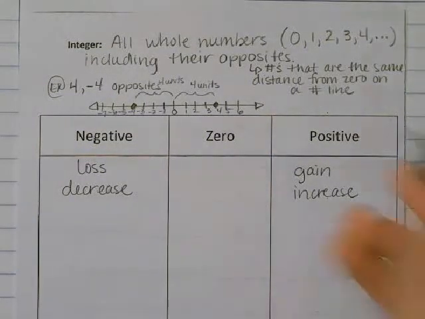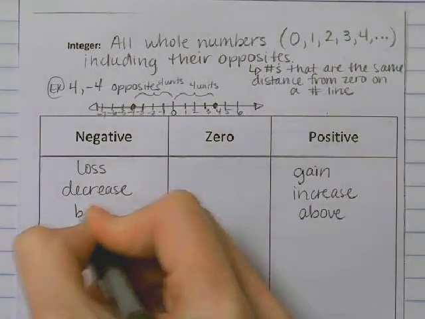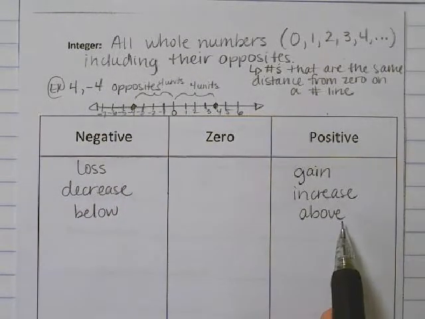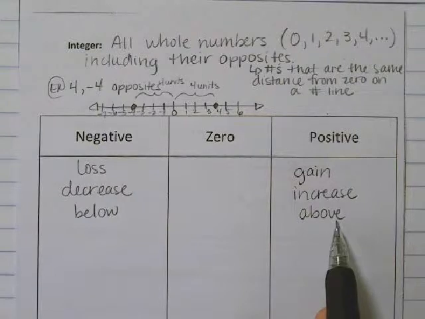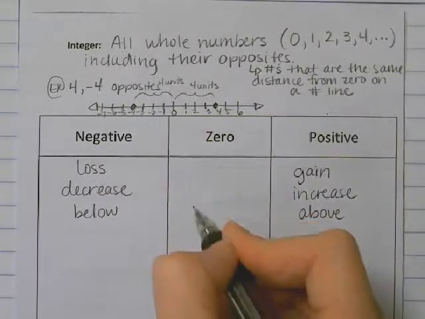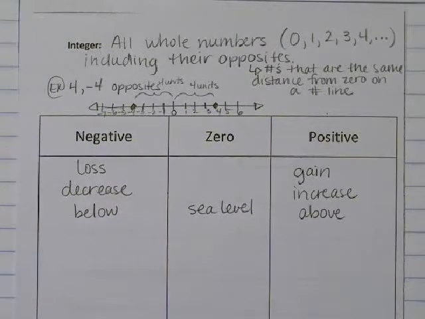You might hear the terms above and below, where you might hear the term above sea level, below sea level. So right there, that tells us sea level would be our starting point, or in this case would represent our zero value.